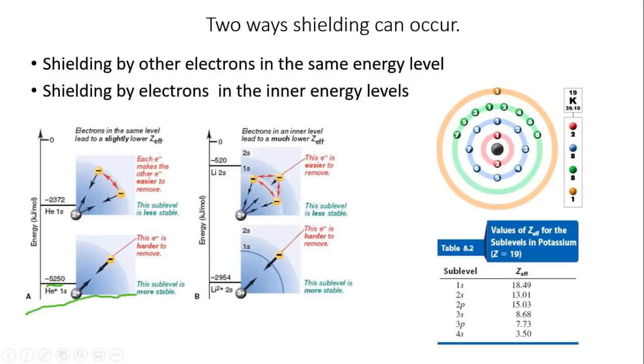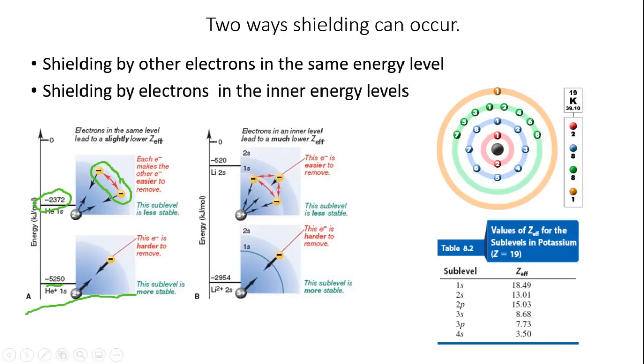However, if we introduce another electron on the same energy level, now there's electron-electron repulsion between those two electrons. It becomes easier to remove those electrons, and this is denoted by the less energy needed to remove an electron.